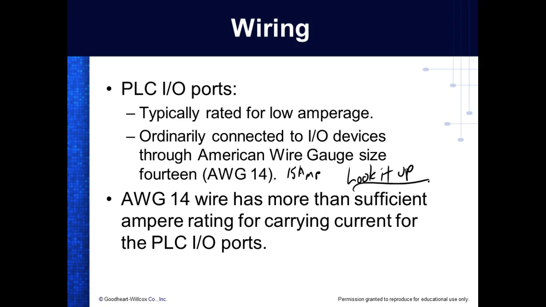Like I said, a rule of thumb, if you can't get the documentation, is a maximum of 2 amps. But that's not true. You need to look it up, right? Understand that. All this information is available on the manufacturer's website. Most of the time you can look up the module number or the model number of the PLC. You can type that in, and it'll bring up the specifications, and it'll tell you exactly what the inputs need and what the outputs can provide.